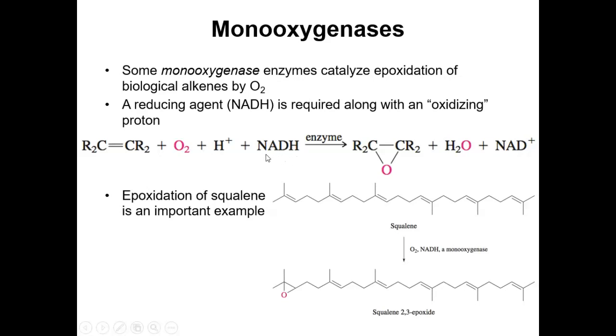Also the reducing agent NADH is involved in the reaction to supply the needed hydride. So the net effect is the C=C double bond can be epoxidized using the combination of oxygen, NADH, and the proton.